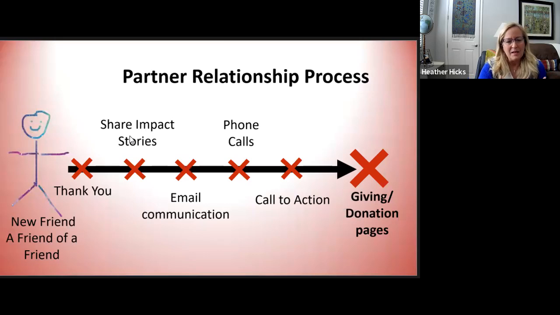And you send emails out communicating the good news of what you're doing and the impact it's having. Some of you even making phone calls to connect with these people. All this to say, all through this process of relationship building, you're spending a lot of time and energy to help shepherd and guide individuals to the place where they get onto your donation page. And that's a lot of time and energy you're investing to say, here's how you can engage with us further.